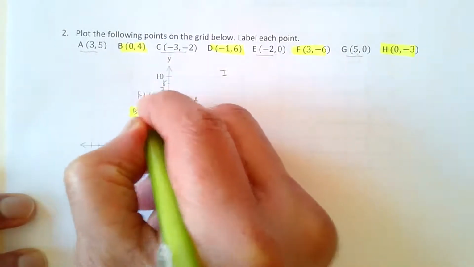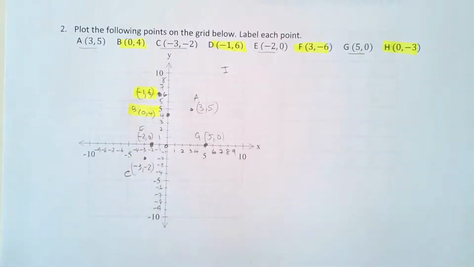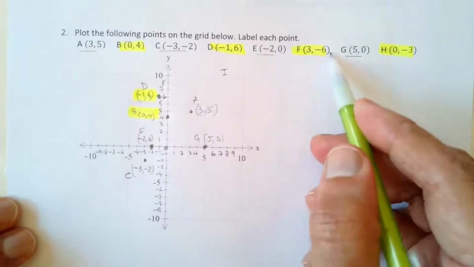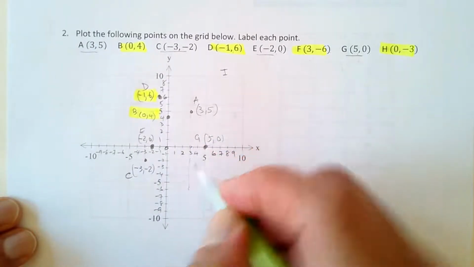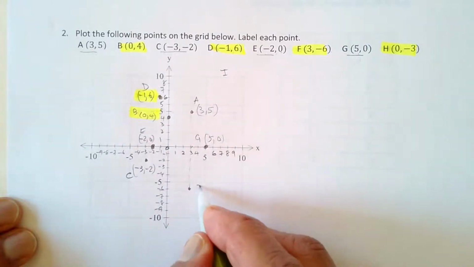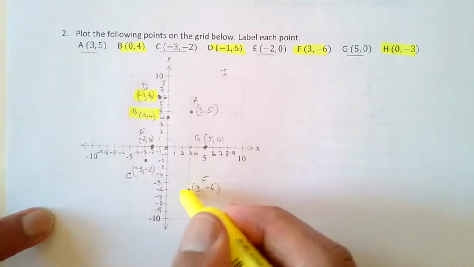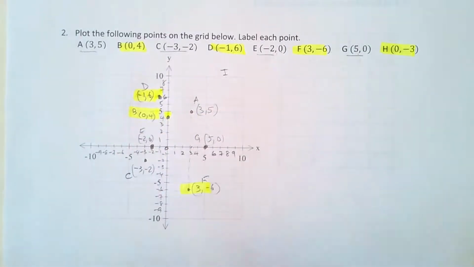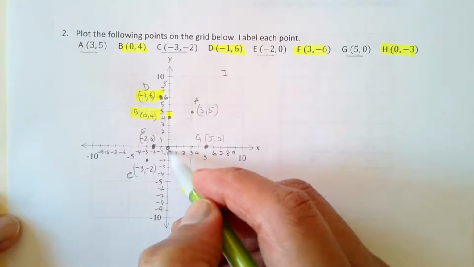That would be D. F, (3, -6). So (3, -6) here, where they meet. And finally, H, (0, -3). X is 0, y is negative 3.